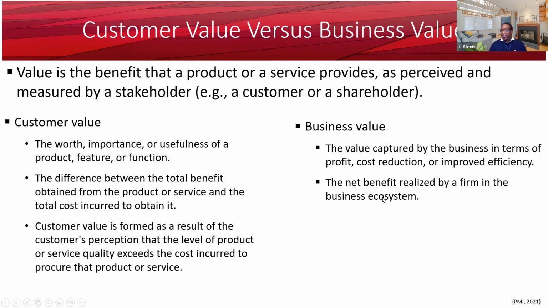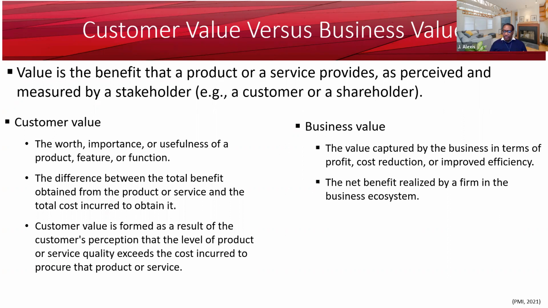Now, business value, on the other hand, is the value captured by the business in terms of profit, cost reductions, or improved efficiency. If you can't improve efficiency, then you can reduce costs and increase profit. Every dollar you save in cost is $1 more in profit.